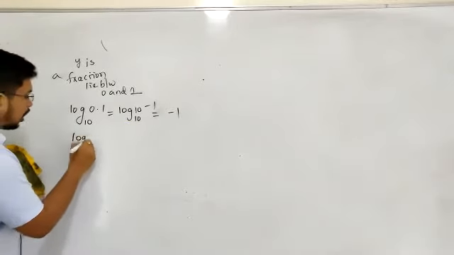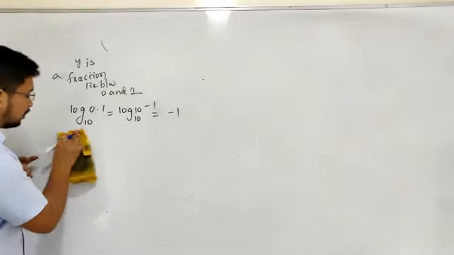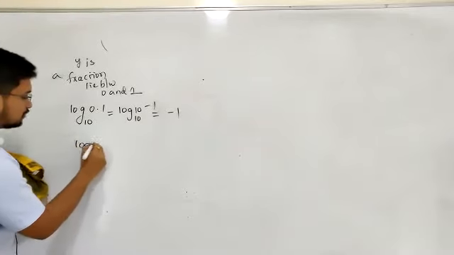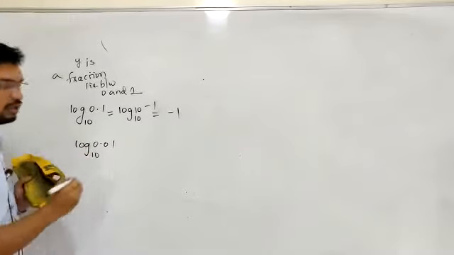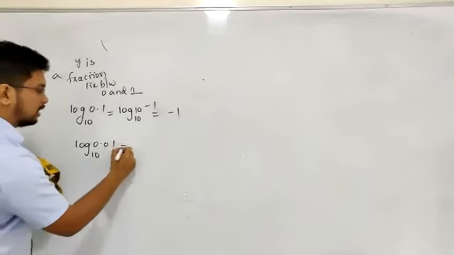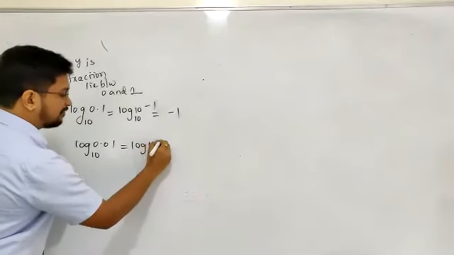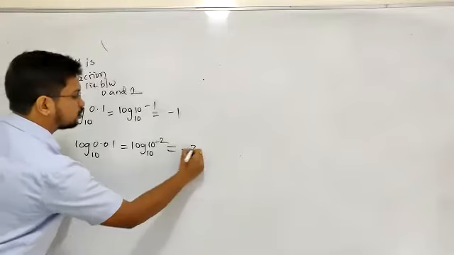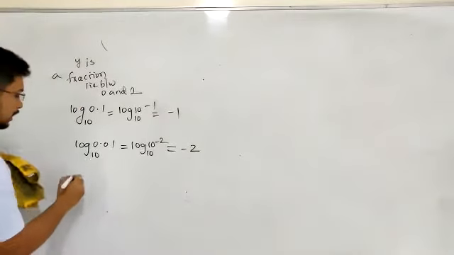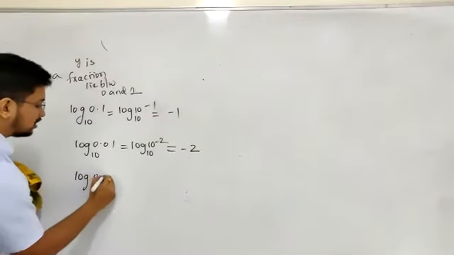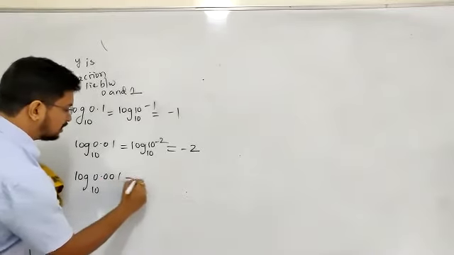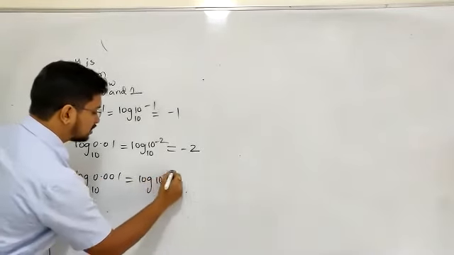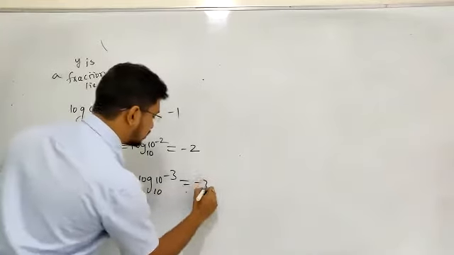Next point is log of 0.01 to the base 10. This is log of 10 power minus 2 to the base 10, which is minus 2. Next is log of 0.001 to the base 10, which is log of 10 power minus 3 to the base 10, which is minus 3.